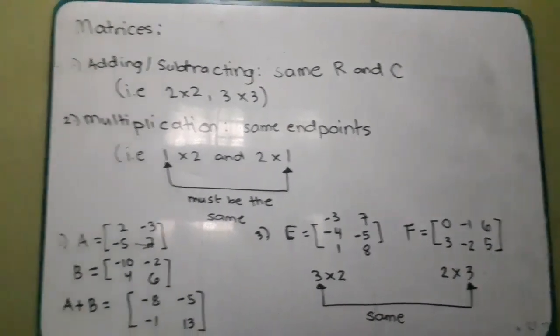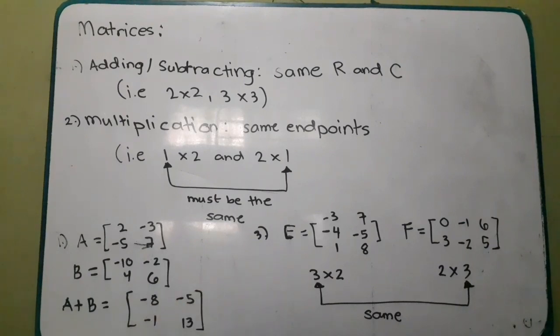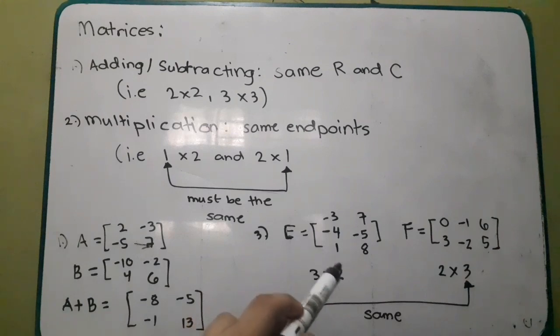So, for example, number 3, from our quiz for day 1, E is equal to negative 3, 7, negative 4, negative 5, 1, 8.